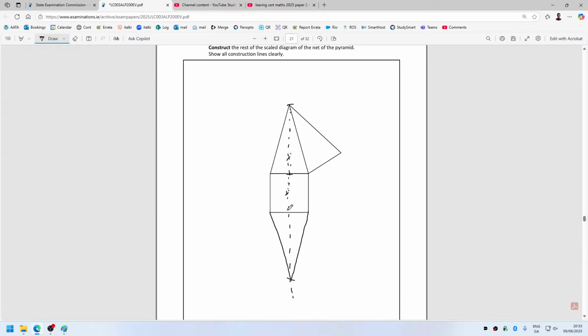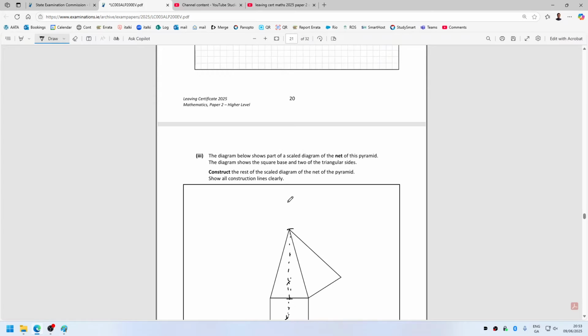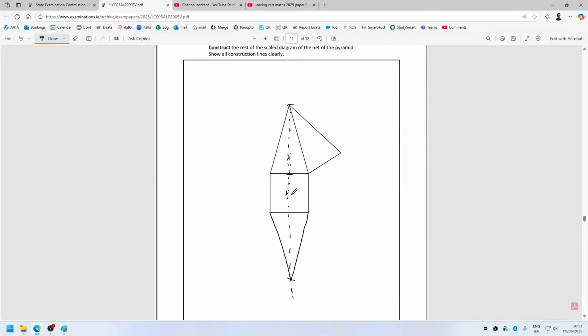It's my net, so I could just duplicate this on the left by doing another arc here, drawing a perpendicular line, setting the height here, marking it off there, and then copying it down.